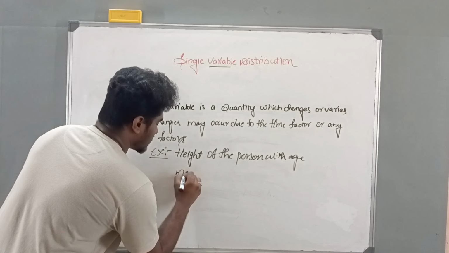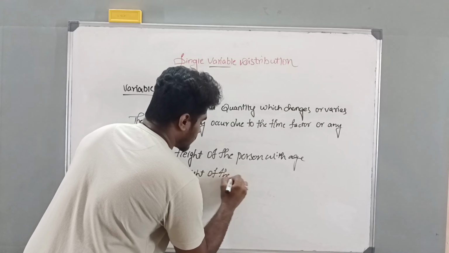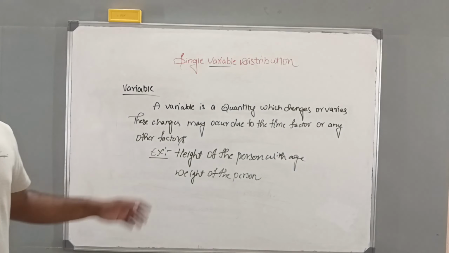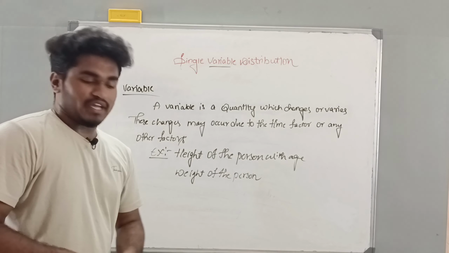So weight of the person. These are two examples of a variable.